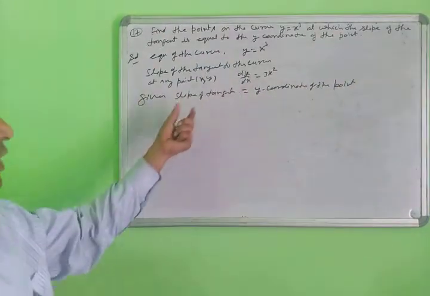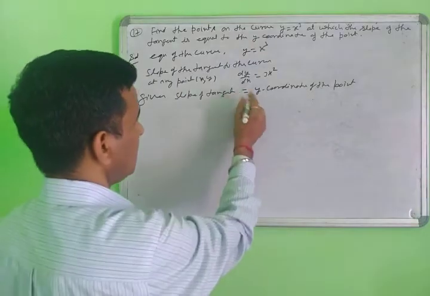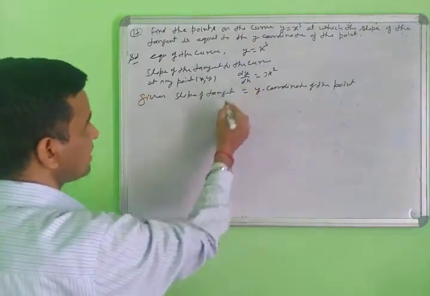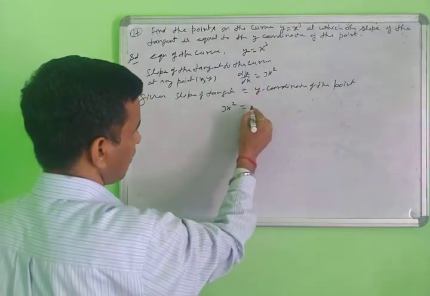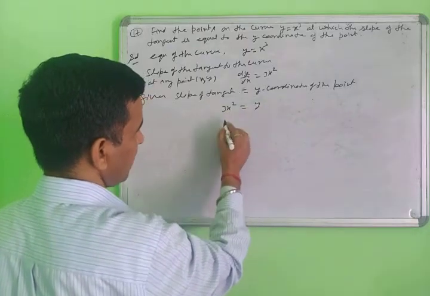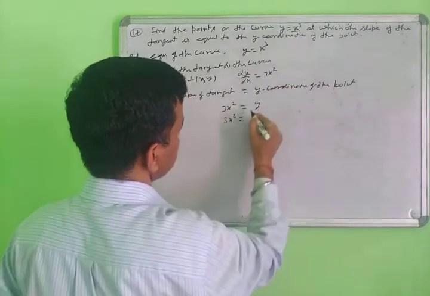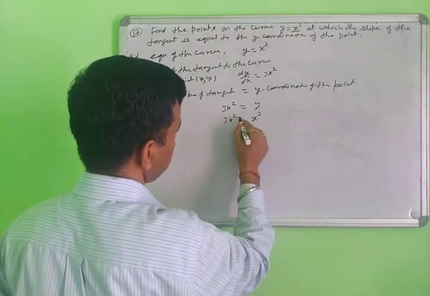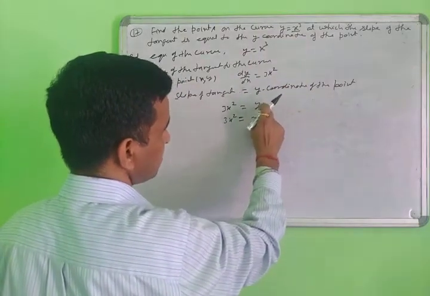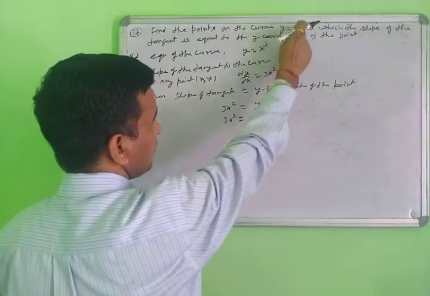Understand these things. Slope of the tangent is equal to the y coordinate. Slope of the tangent here is 3x square, and the y coordinate means y. Similarly 3x square equal to the value of the y coordinate here, x cube. Remember it.